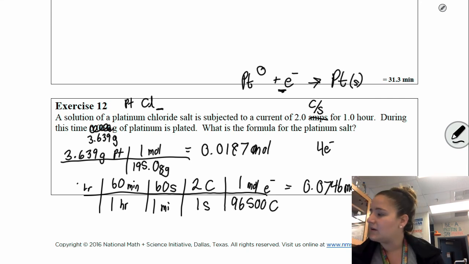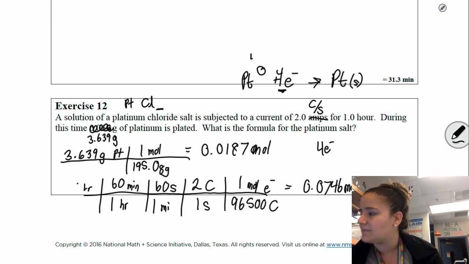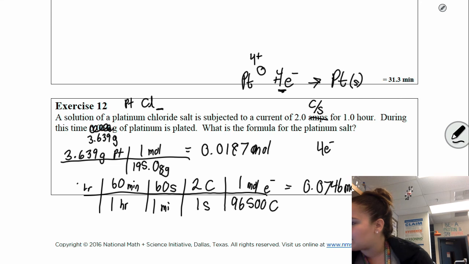It was 4 electrons, which means the charge on my platinum must have been 4 plus, meaning my formula must have been PtCl4. Okay, cool.